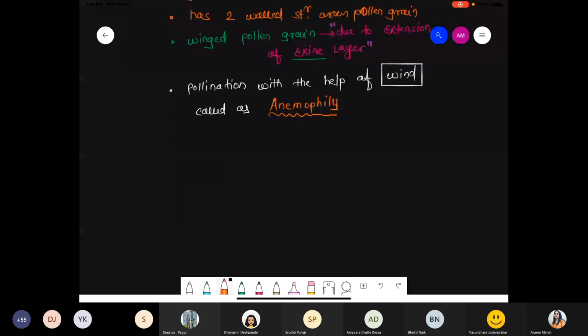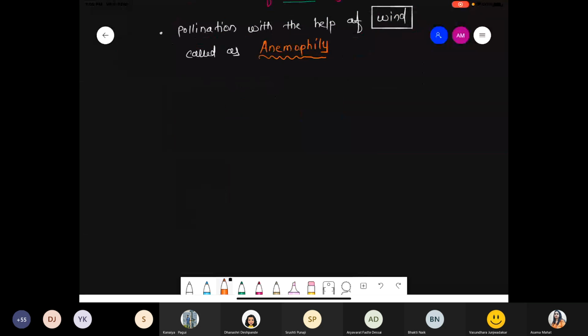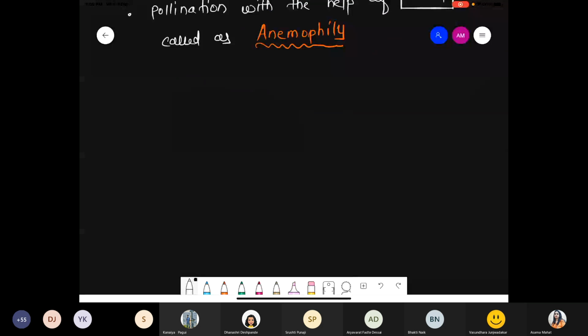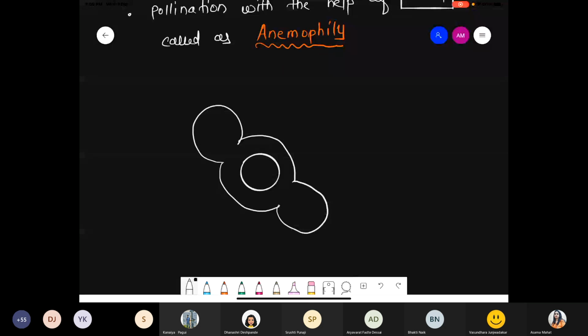Why do we say that it is winged? So we are talking about a typical structure, right? Typical diagrammatic representation for pinus pollen grain.